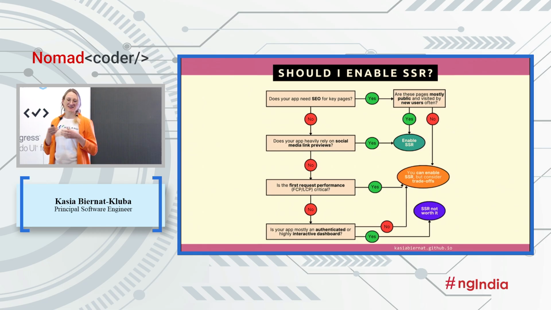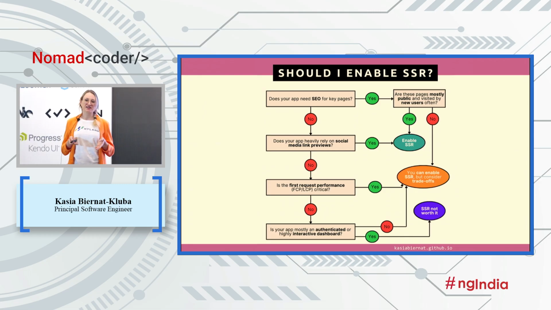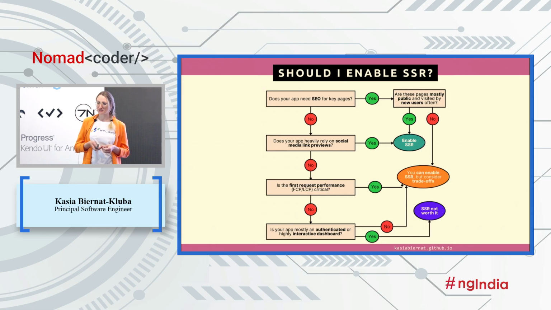But my general advice is that if you are creating a public-facing application, if SEO is important for you, then you should really consider enabling SSR. So, for example, if you are working with e-commerce websites, or maybe some dynamic landing pages, a blog, news pages, then think about SSR. For more static content, I would recommend static site generation.